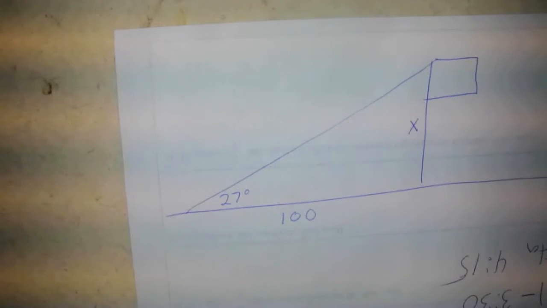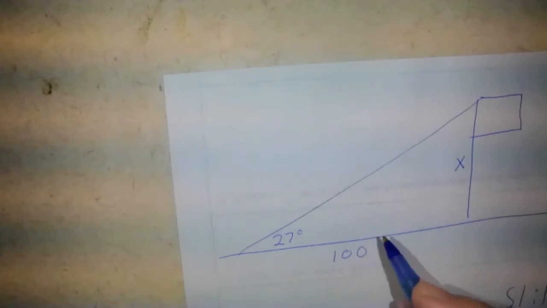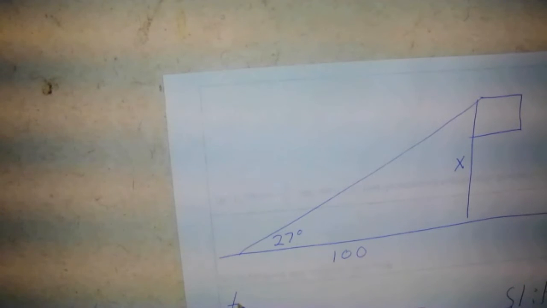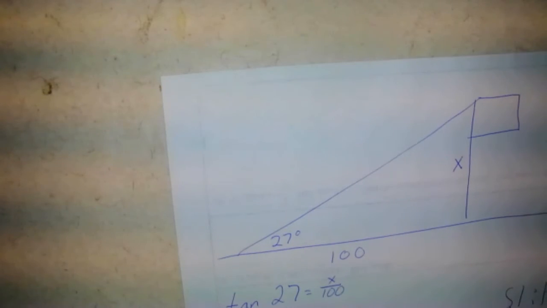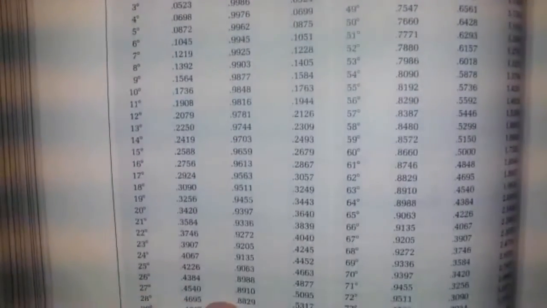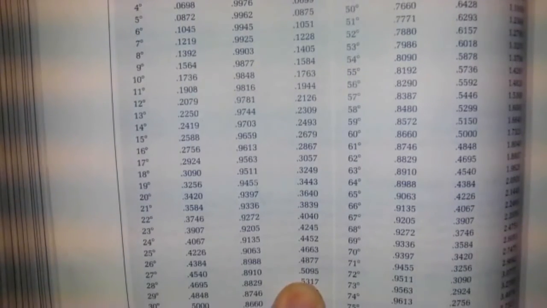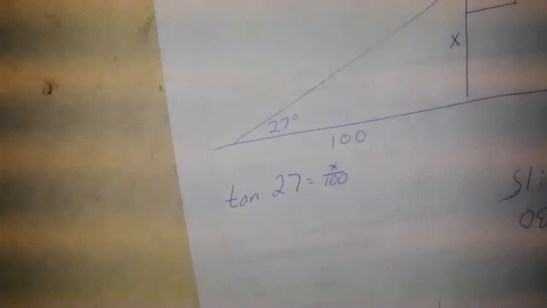Then I could say, oh, well, I'm interested in the height of my flagpole and the trigonometric ratio which relates one to the other. I'm looking for the opposite. I know the adjacent. That would be tangent of 27 equals x over 100. I can look at my chart, look at 27, look at tangent, and it makes it pretty easy. It's about 0.51.